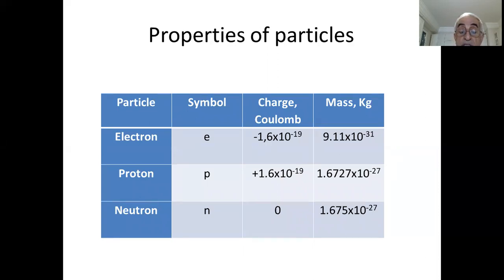The proton p has the same charge as the electron but positive, that is to say plus 1.6 multiplied by 10 to the minus 19 coulomb, and the mass of the proton is 1.6727 multiplied by 10 to the minus 27 kilogram. While the neutron n is a neutral particle, so the charge is 0, and the mass of the neutron is 1.675 multiplied by 10 to the minus 27 kilograms.